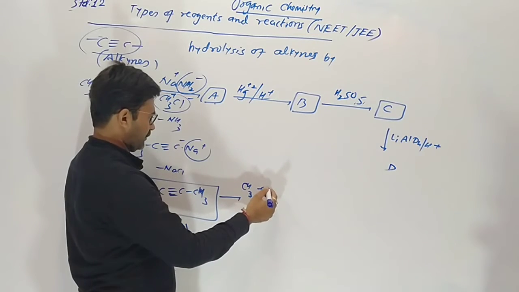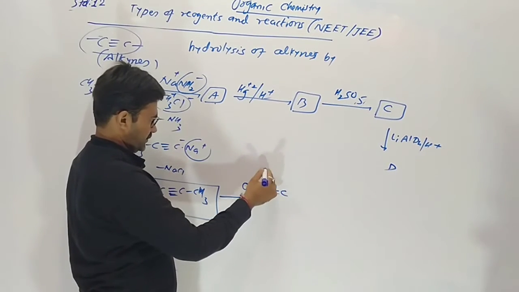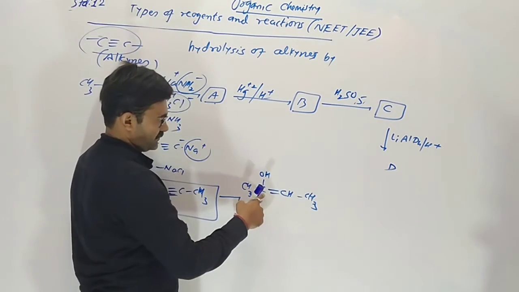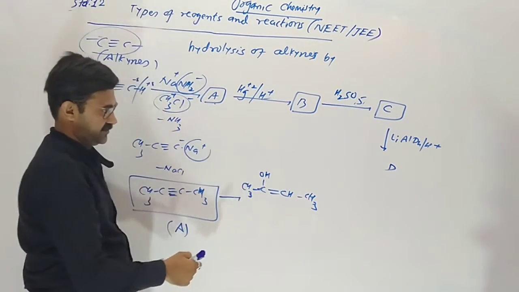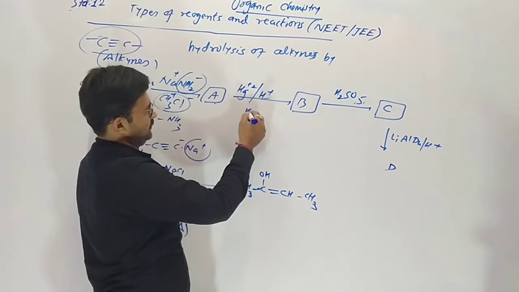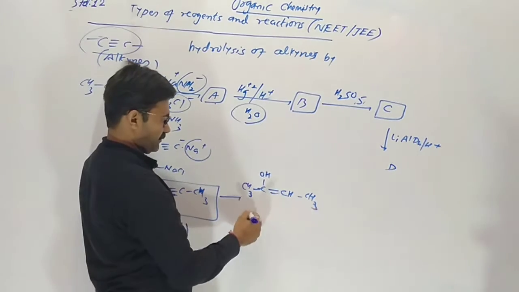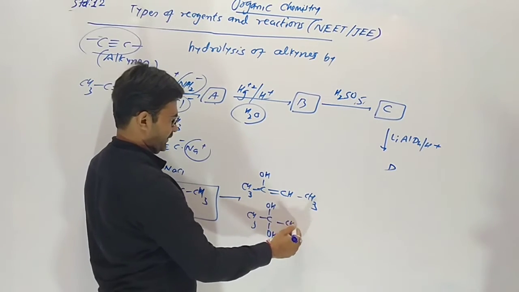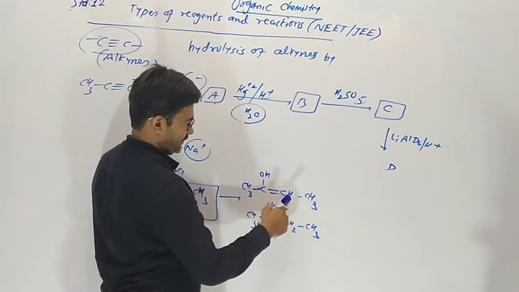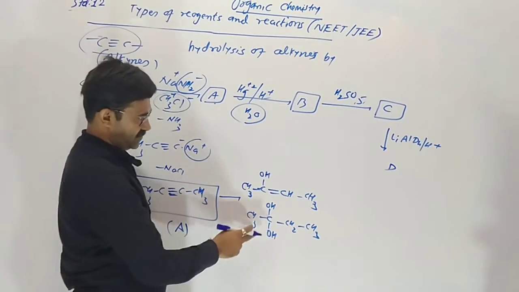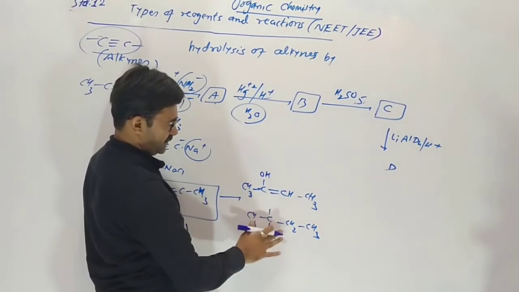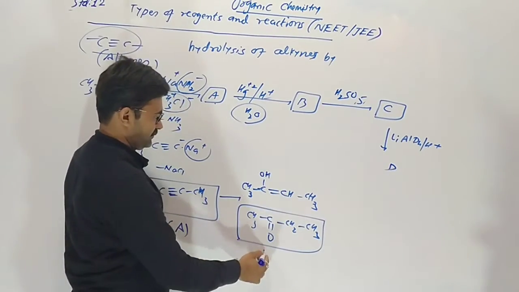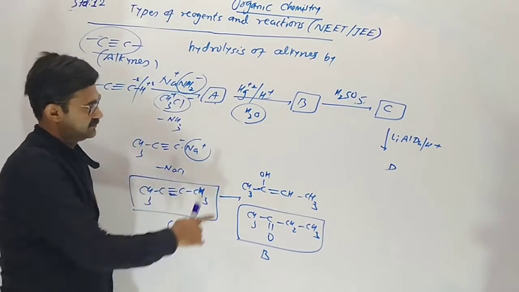First one bond breaks, so OH and H here. Here H, here OH. Once again reaction with water. Another pi bond will break. So two OH and here CH2. Here H, here OH. Two OH on the same carbon. Removal of water gives a ketone. This is B.